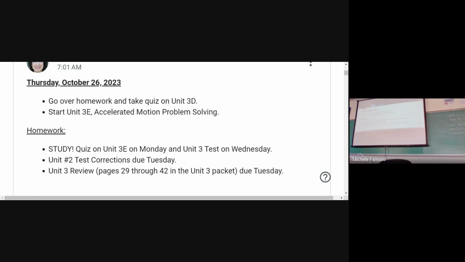No, that's right on page 18. There's 22. 18. Okay.